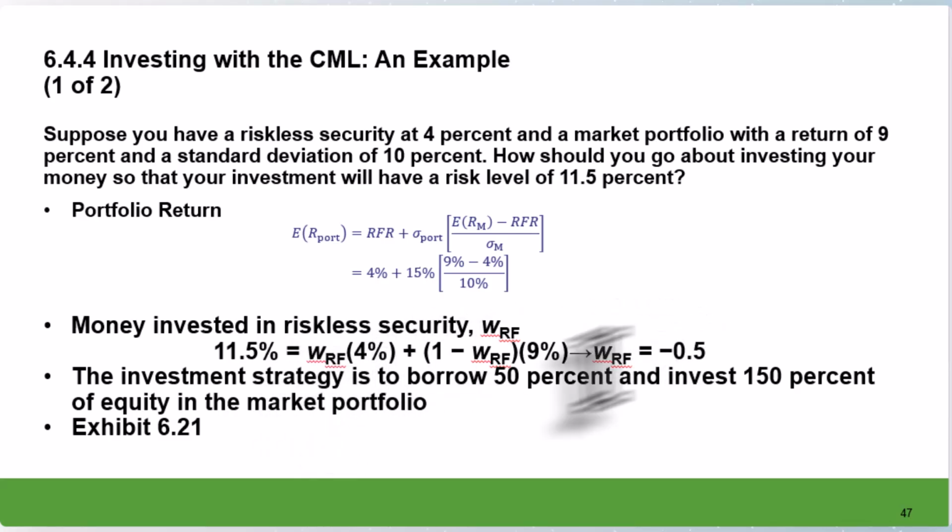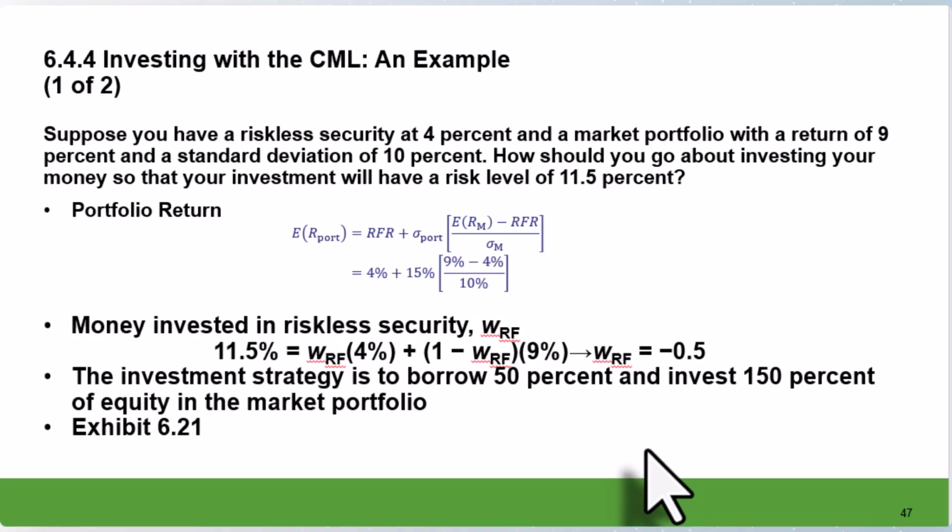So if we do the math here, we end up solving for the weight of the risk-free asset as negative 0.5. That means I'm going to borrow 50% of my money and I'm going to invest 150% of the money.